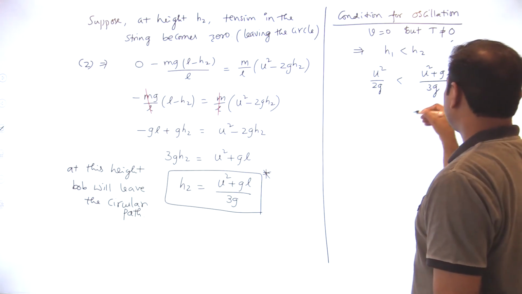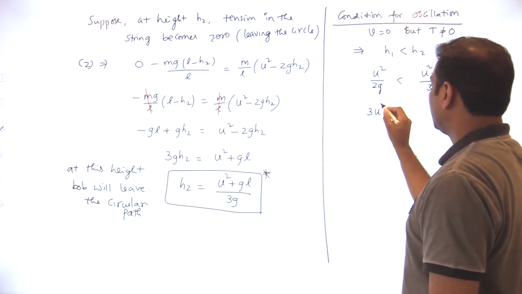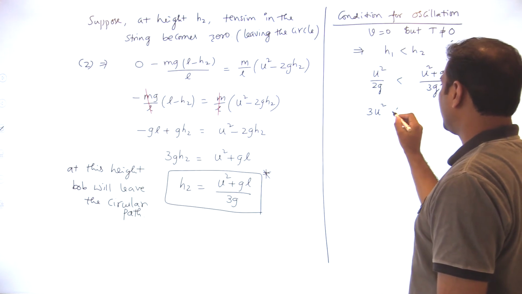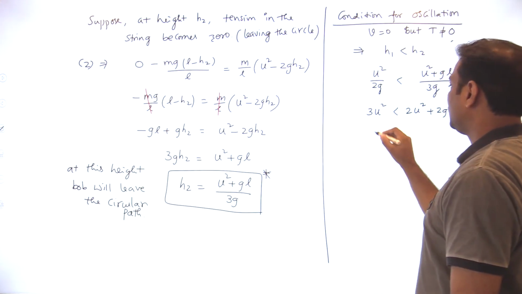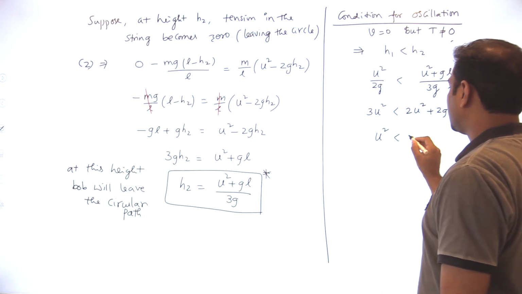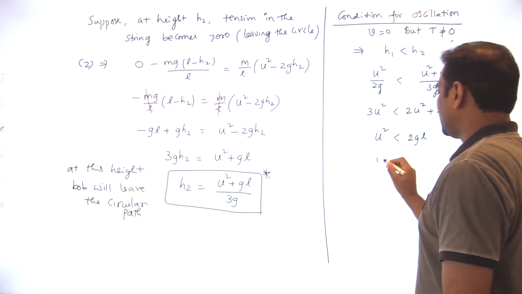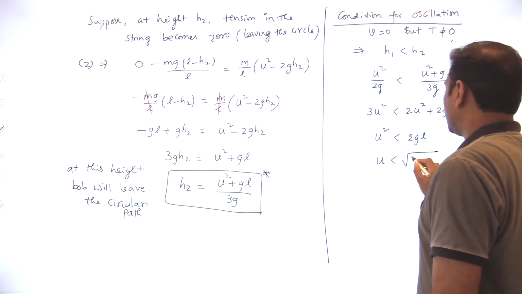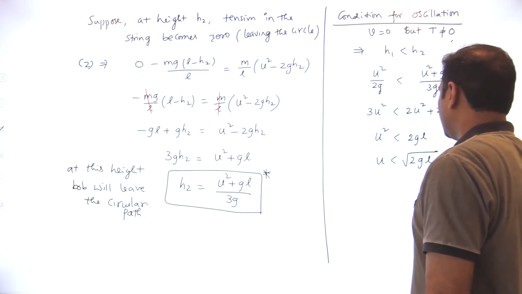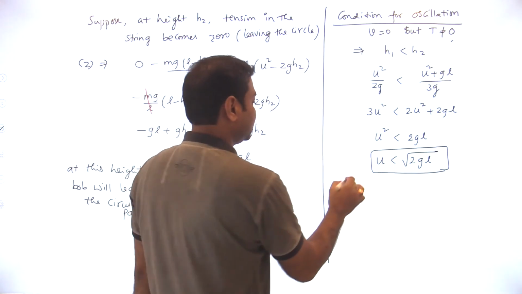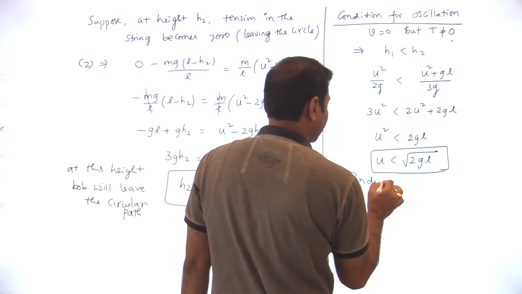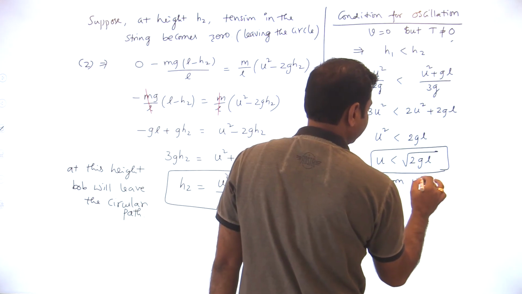So g cancels out, cross multiply: 3u square less than 2u square plus 2gL. Then take the 2u square to this side: u square is less than 2gL. Then the u value should be less than root 2gL. When u is less than root 2gL, the pendulum will oscillate. This is the condition for initial velocity.